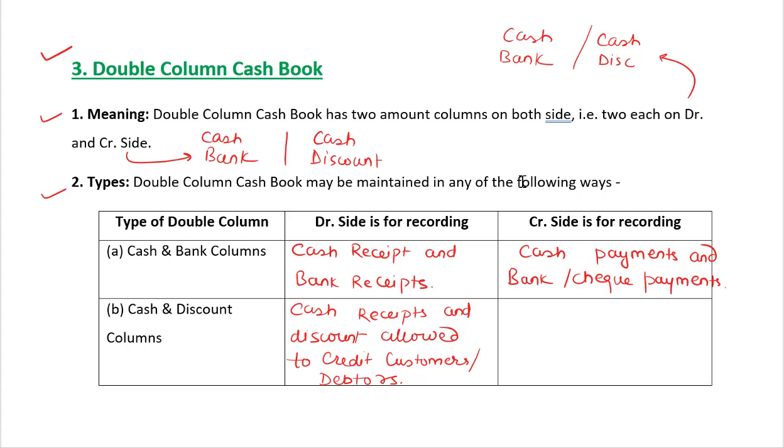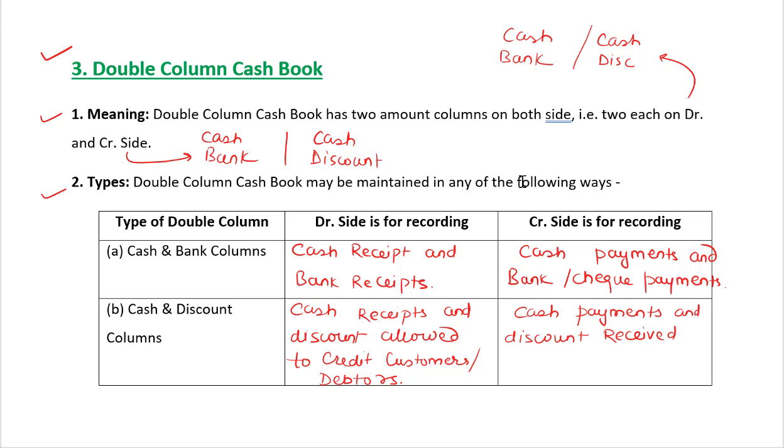What will we record on the credit side of the cash and discount column in the cash book? We'll record cash payments and discount received.